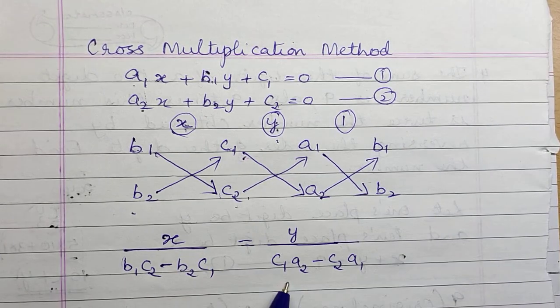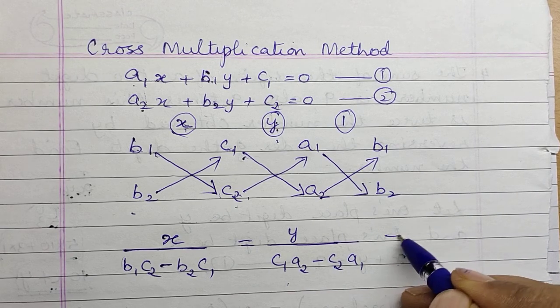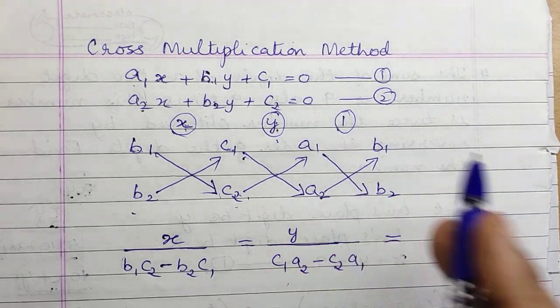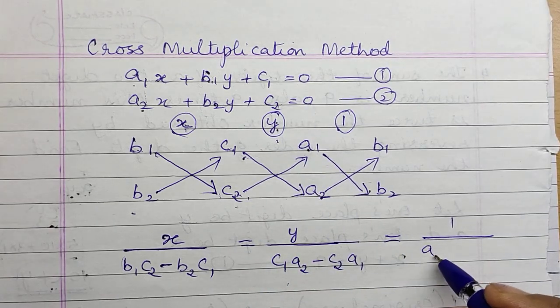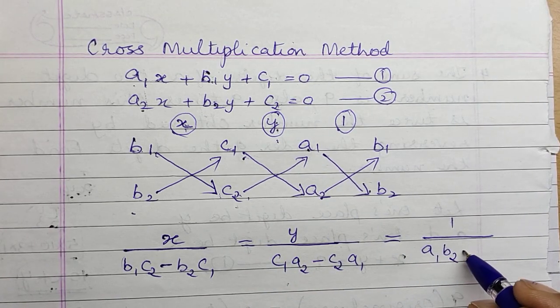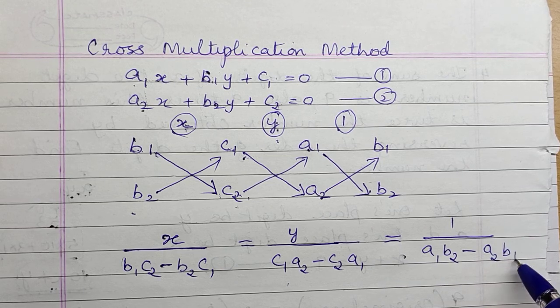First arrow mark c1a2, second arrow mark c2a1, equals, next third, 1 divided by a1b2 minus a2b1. So this is the formula.